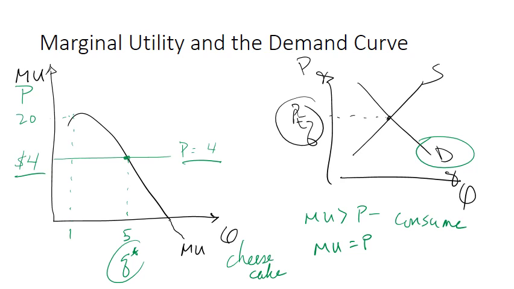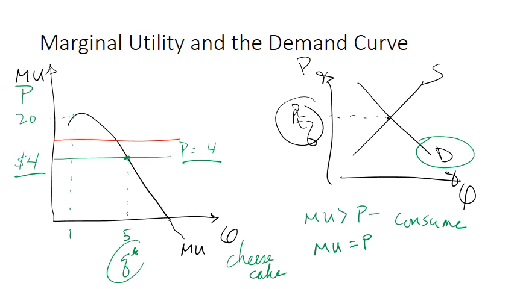Now obviously, if we start increasing the price of cheesecake and we increase the price to $10, if you look at the table from the last slide, our 4th unit of cheesecake generated 10 units of utility. So if the price was equal to 10, we would have stopped at unit number 4. So we can go ahead and show that here.